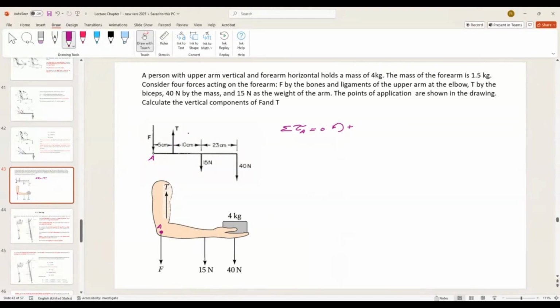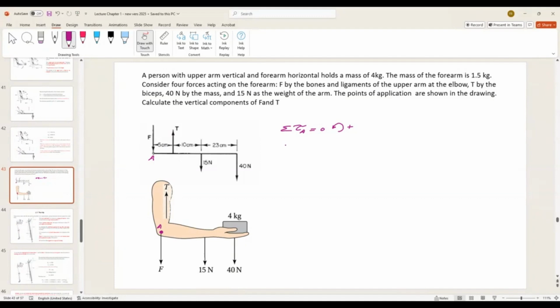And then I have that the force T, the tension on the bicep, makes a torque counterclockwise here. And the arm of this force is 5 centimeters, which is 0.05 meters.